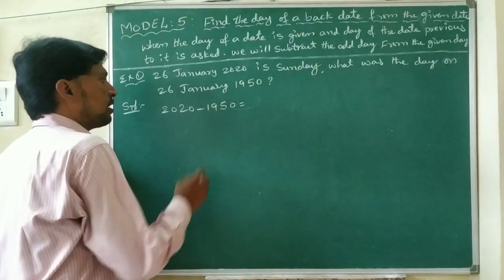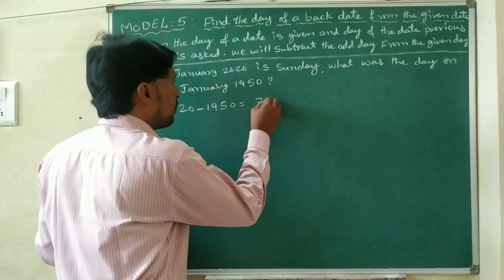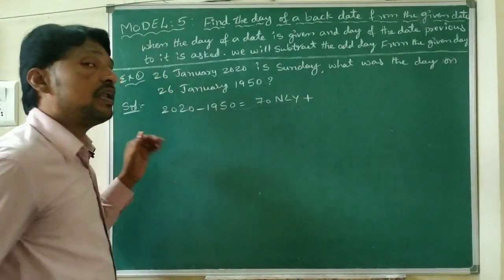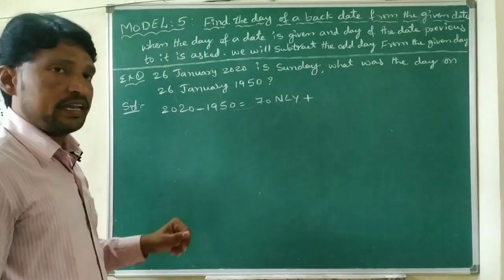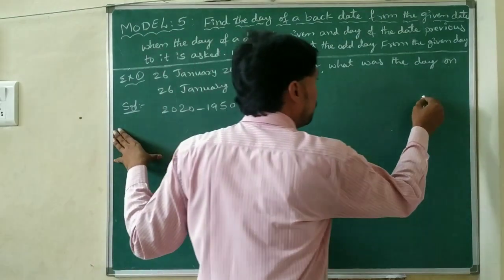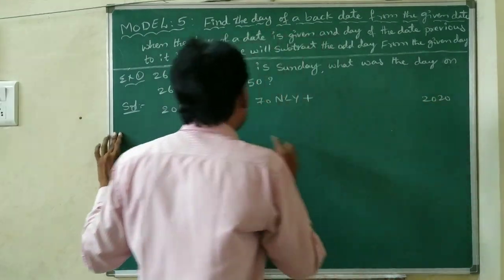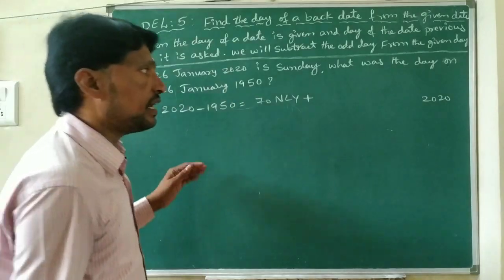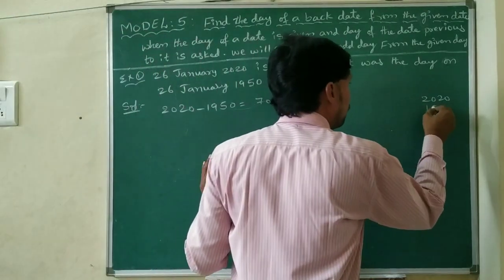So 2020 minus 1950 means 70 non-leap years, plus we need to find the leap years also. 2020's last 2 digits are divisible by 4, so 2020 is a leap year, and above 1950 the nearest leap year we need to take, that is 1952.